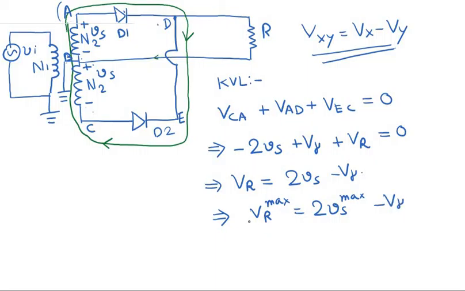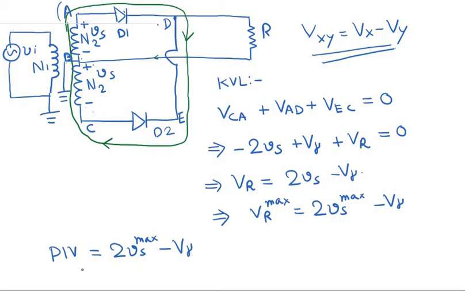Okay, so this is the maximum reverse bias voltage drop across the diode D2, which is basically equal to 2 Vs max minus V gamma. So peak inverse voltage that is required for the diode D2 is equal to 2 Vs max, where Vs max is the amplitude of Vs, minus V gamma.